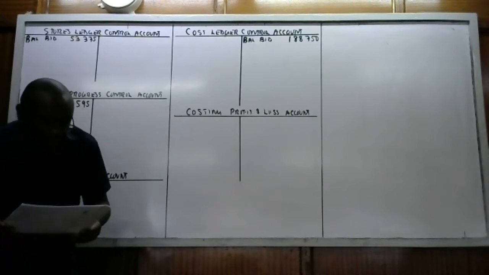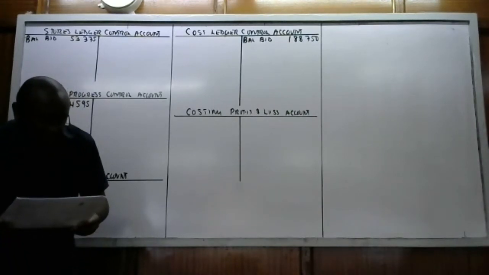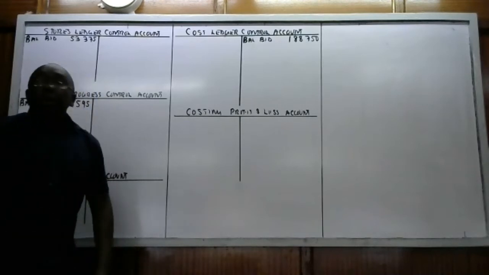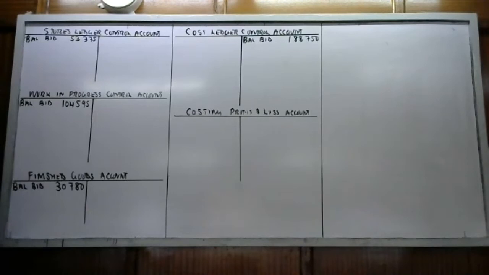We are told for the transactions during the year, materials purchased 26,700. When you buy materials, you debit the stores and credit the finance or the cost ledger. So let's start with the stores.